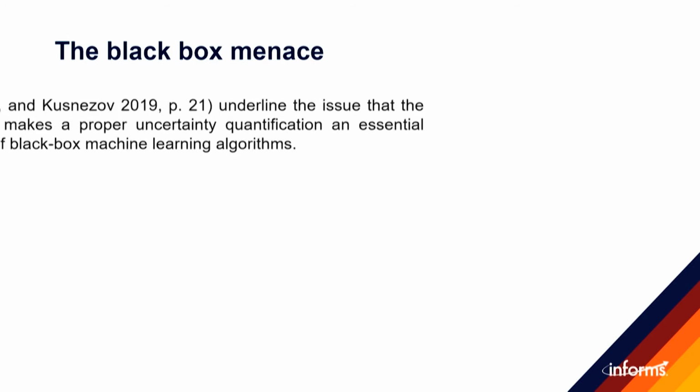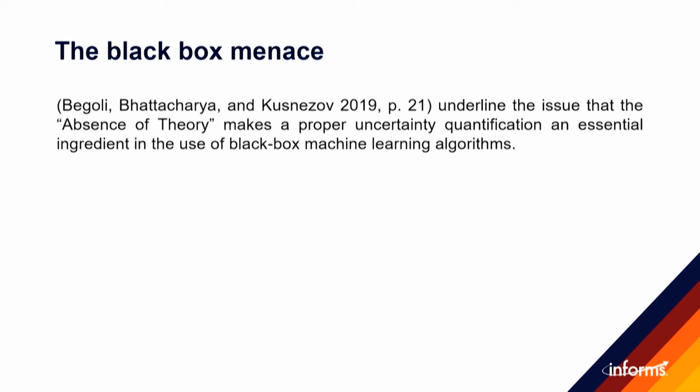All this leads to what is called the black box menace. I think it was the Black Force menace in the movies, but now we have this by, for instance, Begoli and Bhattacharya. They say that the issue is the absence of theory, which is what we mentioned before. So we miss one vertex of the triangle.